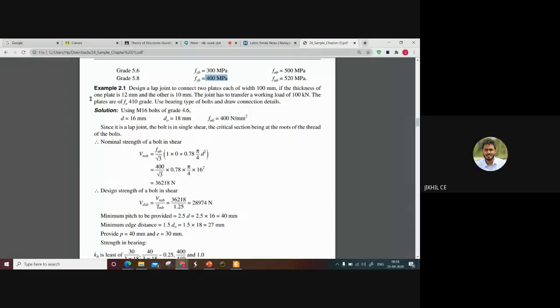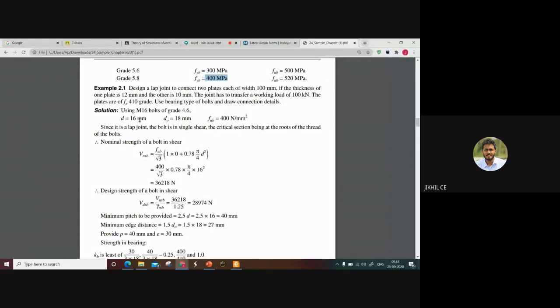If the thickness of one plate is 12 mm and the other one is 10 mm, the joint has to transfer a working load of 100 kilonewton. The plates are of Fe410 grade. We are supposed to use the bearing type of bolt and produce the connection details.